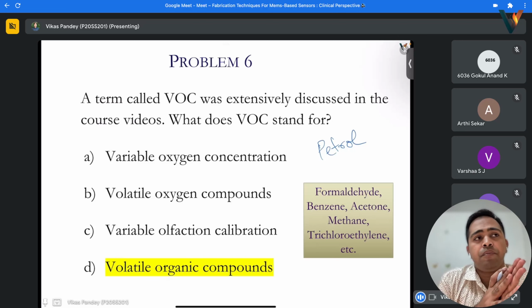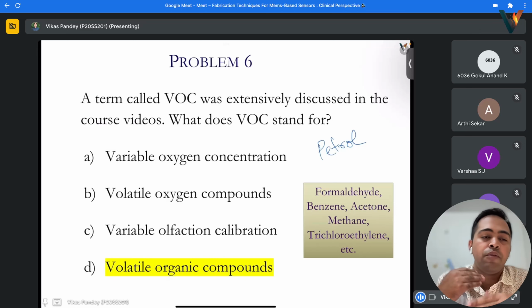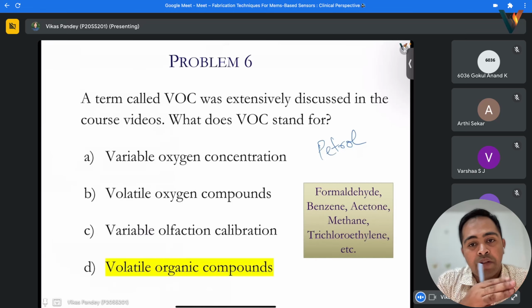In case of some specific disease like asthma, diabetes, in our body, such volatile organic compounds start forming, and at different levels of that disease, we will have different levels of volatile organic compounds forming in our blood or maybe sometimes even in breath.